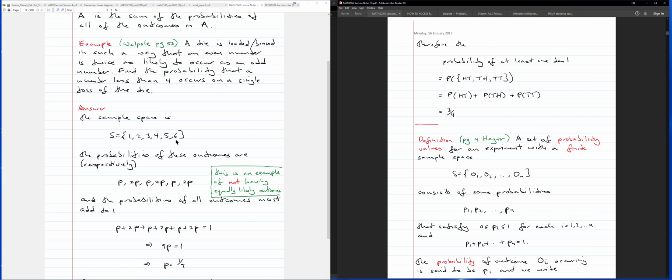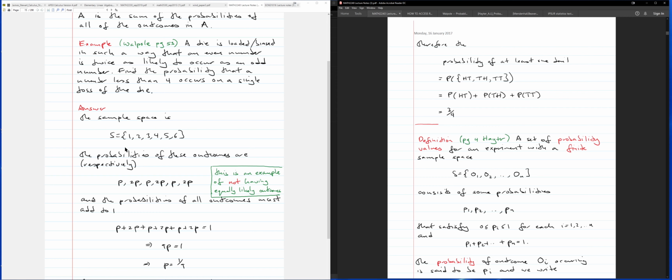Now what we want is probabilities for each of these outcomes, but now you're in a situation where your probabilities are not equally likely, because they tell you that an even number is twice as likely to occur as an odd number. We still need to get the probability of this event occurring, so we still need probabilities for each of the outcomes. That's the first thing that we would need to find.